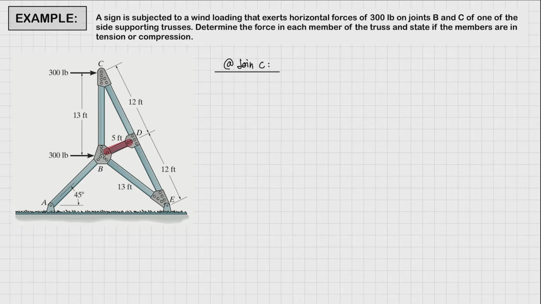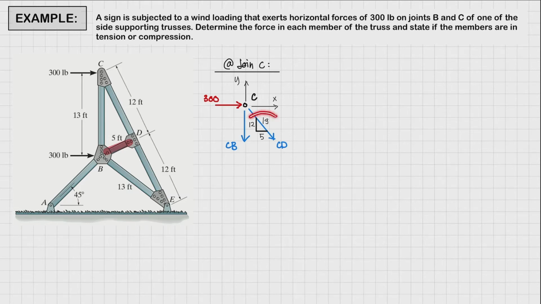So again, we're going to start by drawing the free body diagram of our joint. Right, so we have the free body diagram of our joint C. For joint C, we have an applied load of 300 pounds, and the force on member CB is acting downwards vertically, and the force on CD is inclined, with a slope of 12 by 5.